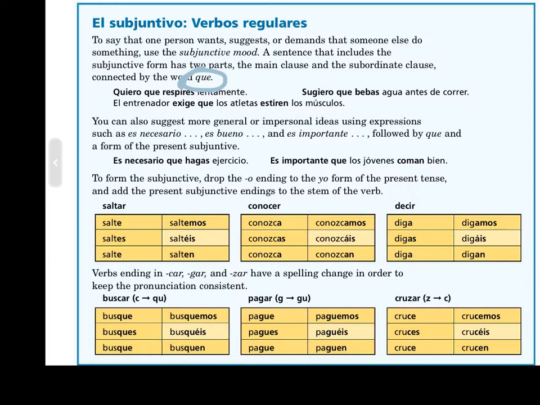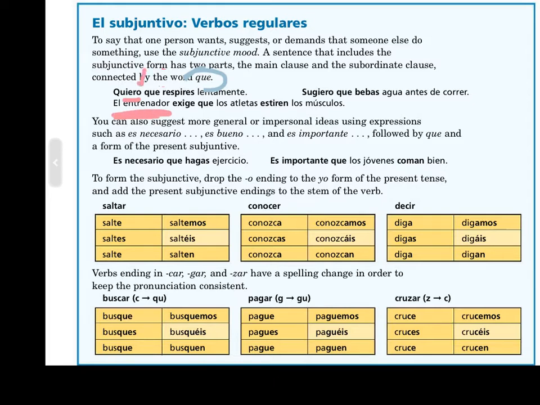Okay? And then looking at the second one, el entrenador, the coach, so that's our subject 1, exige, let me mark these. Okay, so subject 1 we're going to mark in pink. Verb 1 we're going to circle in pink. Oops, nope, that's wrong. Erase. Okay. So, subject 1 is el entrenador.